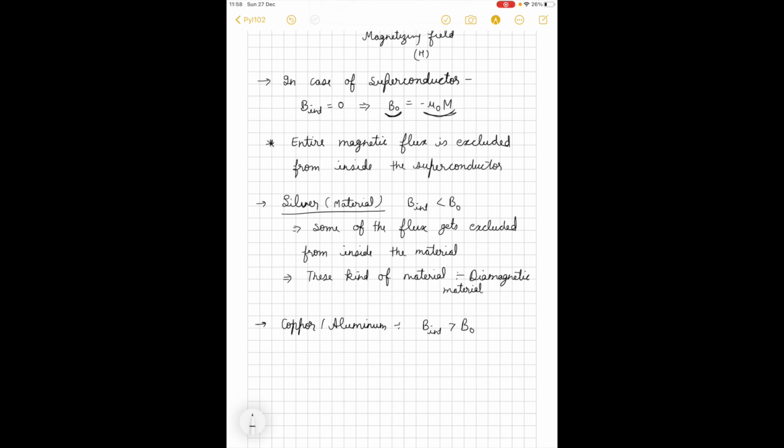So these kinds of materials are called paramagnetic materials, meaning the flux lines will be slightly concentrated inside the material. And these are called paramagnetic materials.